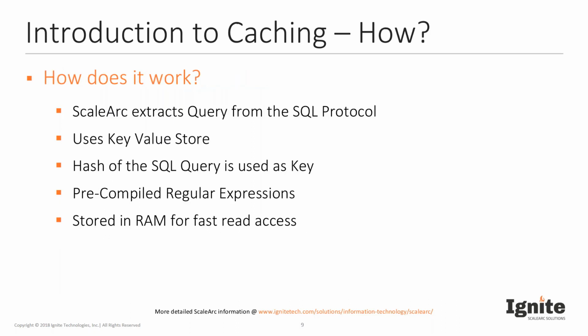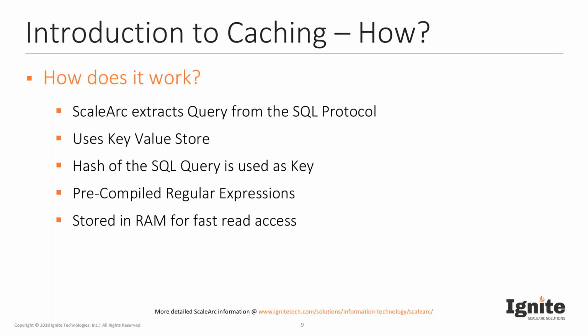Now, how does ScaleArc cache this data? Frequently, I get a question like, how does ScaleArc figure out which queries to cache? How does it store the data? How does it return the data? Just to give you a high-level overview, ScaleArc uses a key-value store behind the scenes. The keys are actual hashes of the SQL queries.